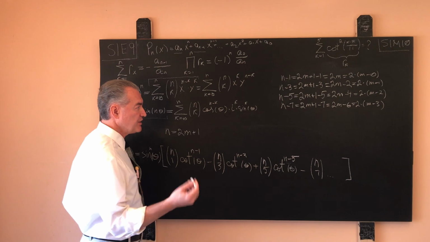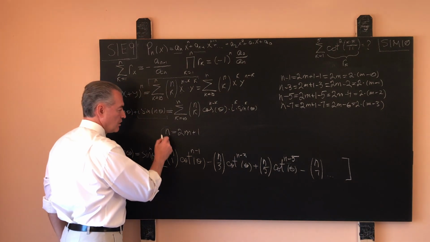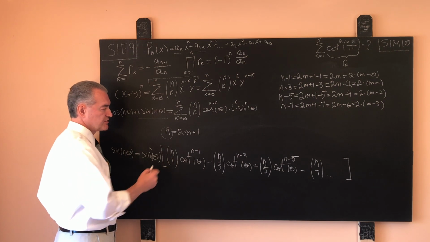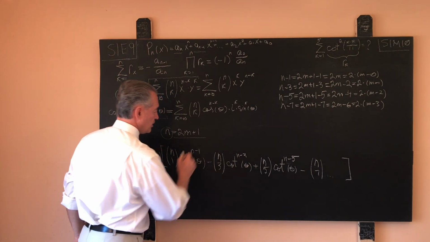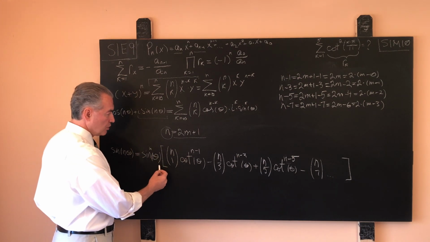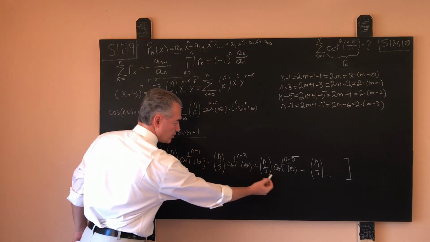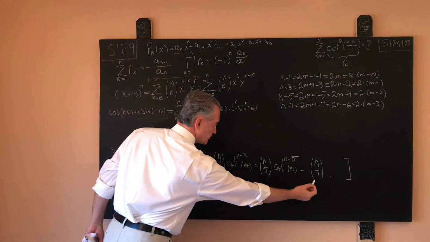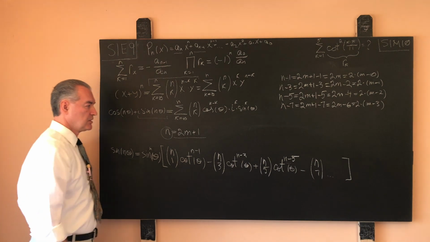In other words, if the non-negative, let's say, whole number is representable as 2m plus 1, or if that number is odd, then what will this string of cotangents, or what will this expression over here look like?